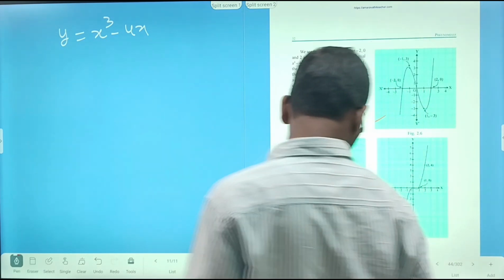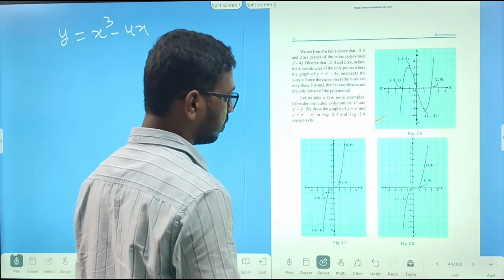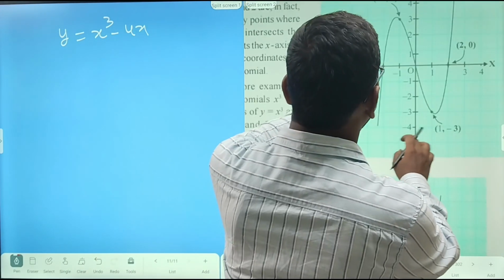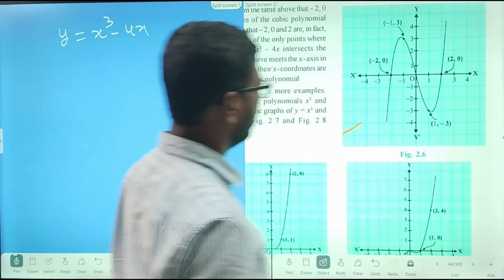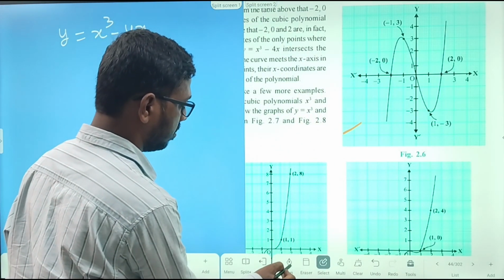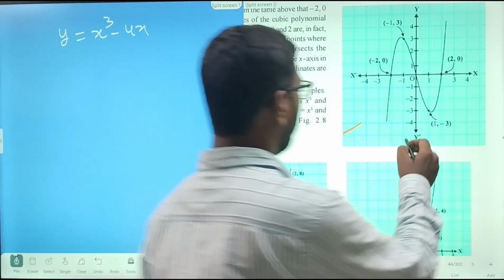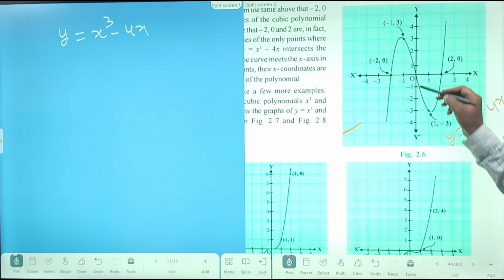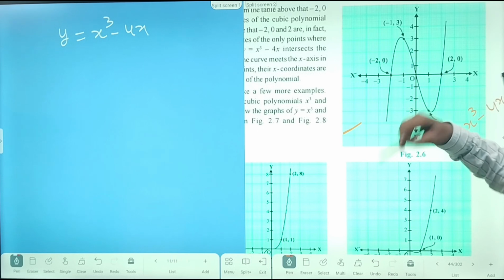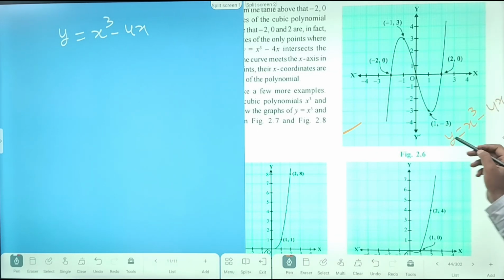Yes, I will zoom it. If you take this one, this is the graph of y equal to x cube minus 4x. Actually, you draw the graph by locating different points and joining them.